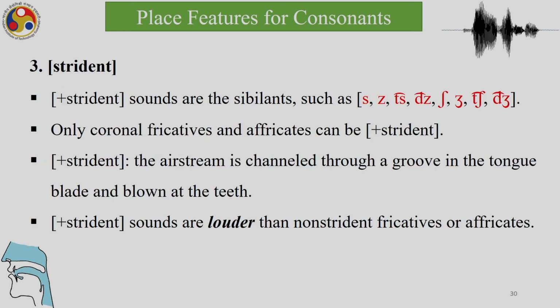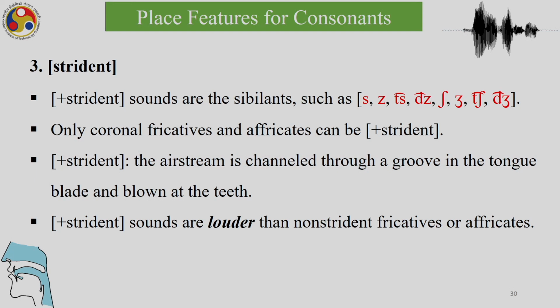The other category relevant for coronals is strident. Plus strident sounds are the sibilants such as s, z, ch, j, sh, zh, and only coronal fricatives and affricates can be plus strident. In plus strident sounds, the air stream is channeled through a groove in the tongue blade and blown at the teeth.